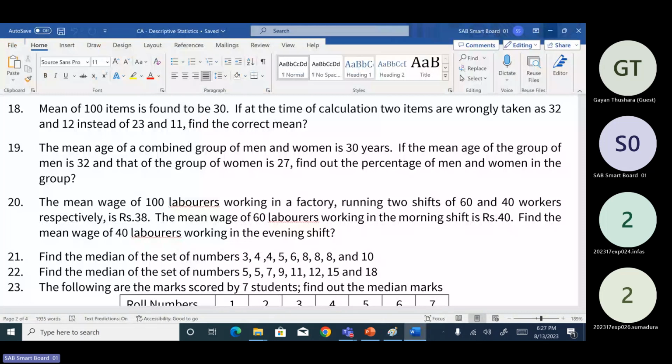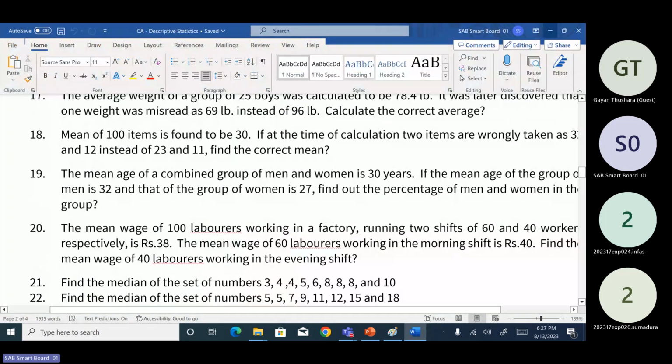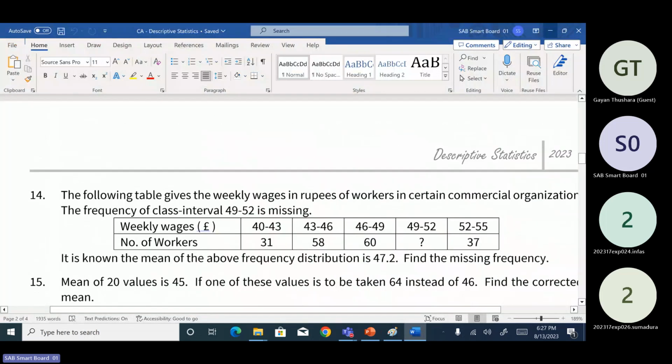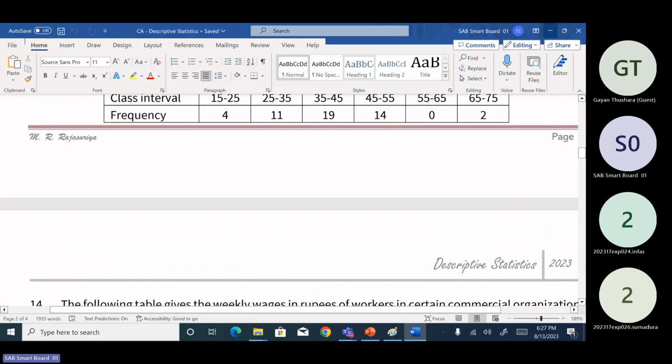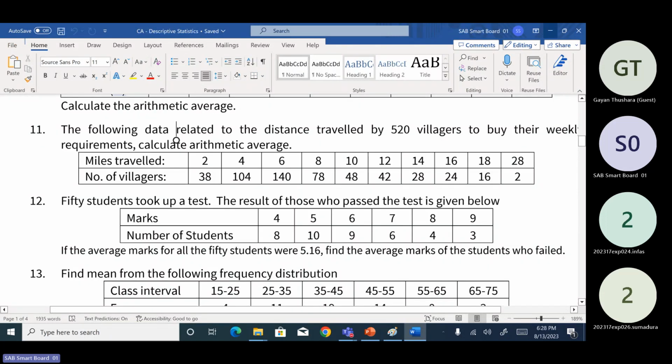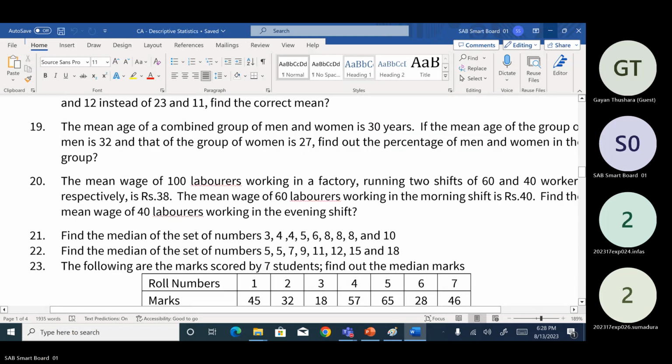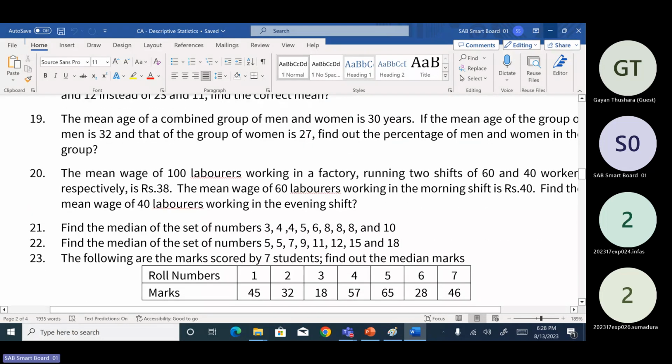Right, so up to 20, whatever problems we didn't discuss, you can try. We have done similar types, so I hope you can do those problems. If you are finding it difficult in any problem, you can ask. So for that, you have to try. Okay, so with that, we'll wind up the class for the day.